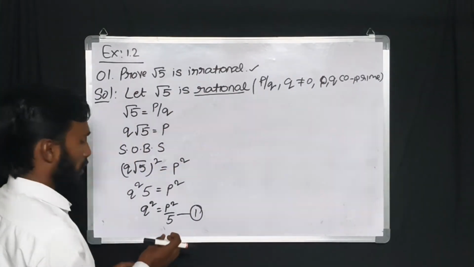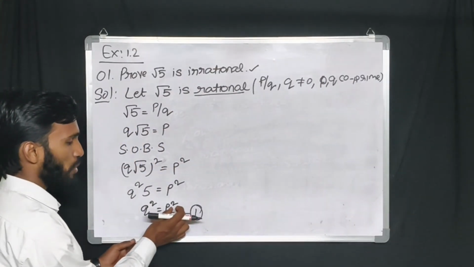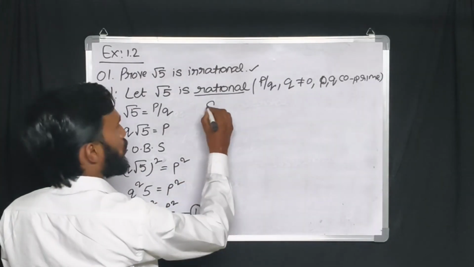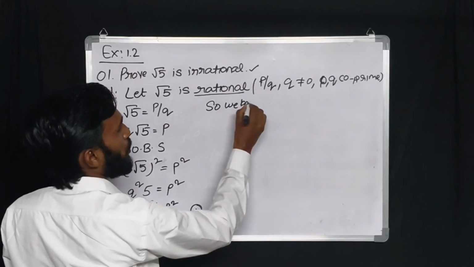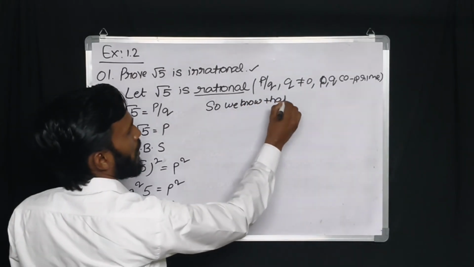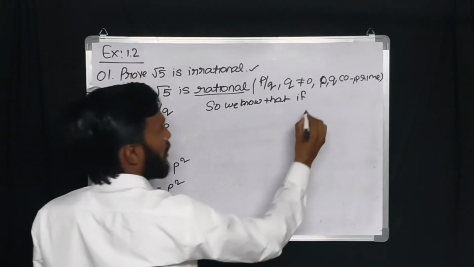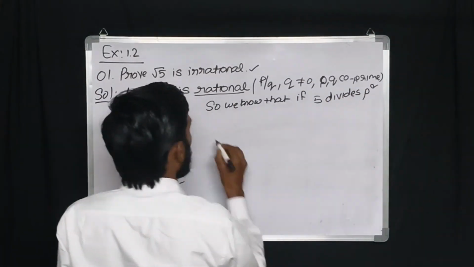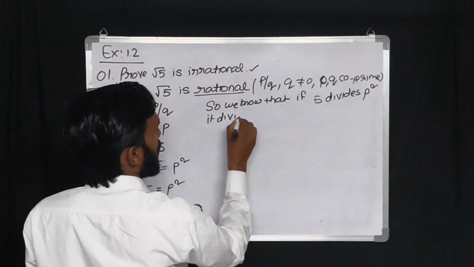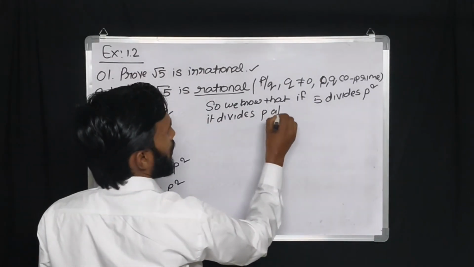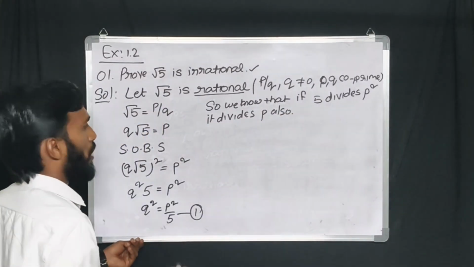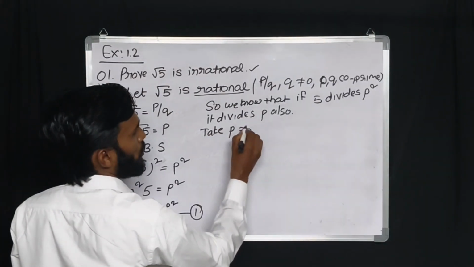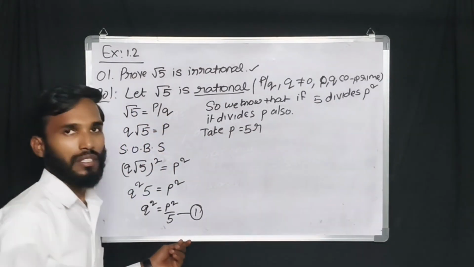So here 5 is a prime number, and if 5 divides p square, then it should divide p also. Now take p is equal to 5r for some r.